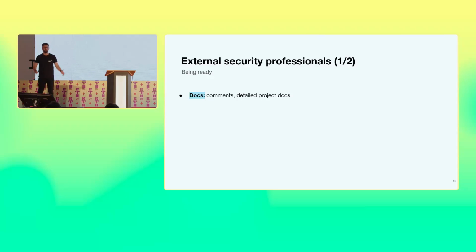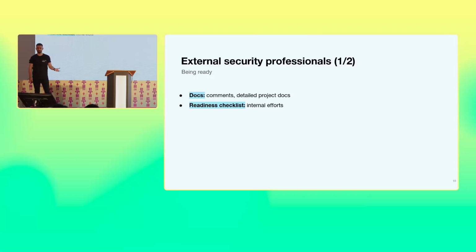I'm sure you all write comments for your code, but it's important to have very detailed documentation of your whole project. By documentation, I mean you should be explaining the intent of your project, and you should be explaining the decisions that you made, and maybe even explain each component and your design in detail.